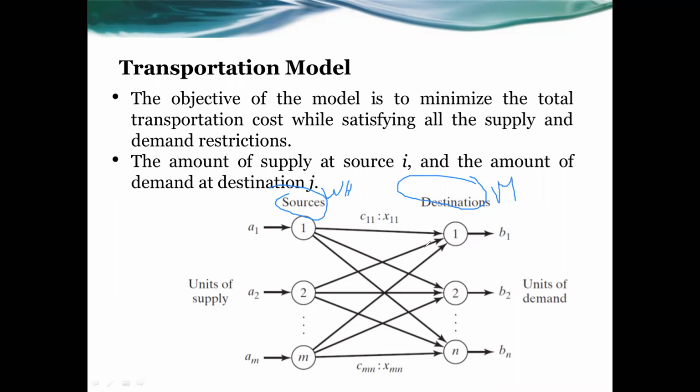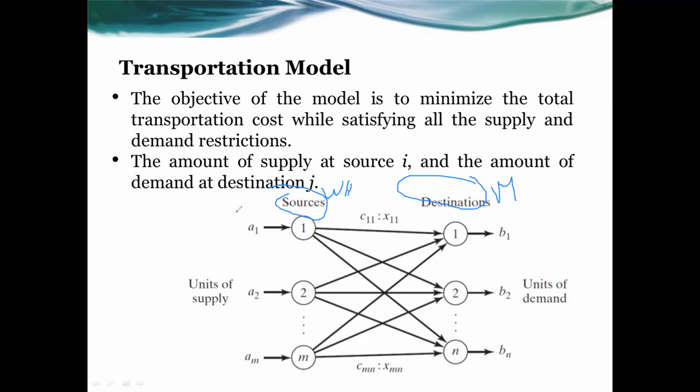In my previous example, you have three warehouses and three markets. Now you need to make a decision: from which warehouse we have to fulfill which market's demand.